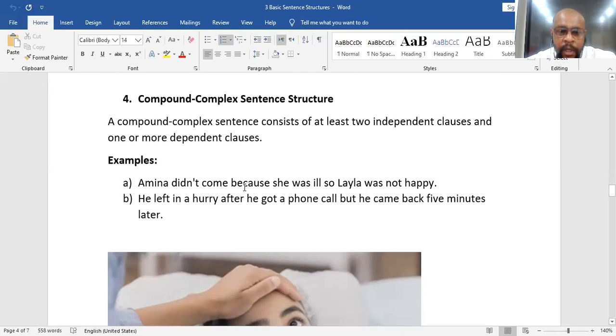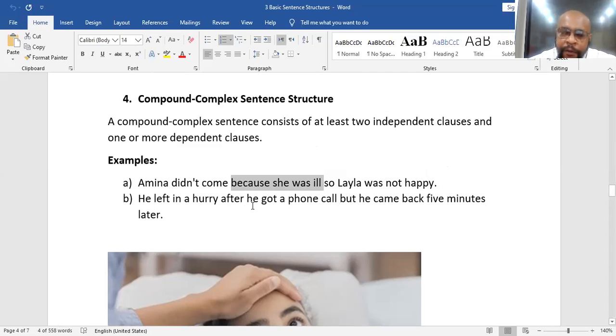So there you get your three different parts of the sentence, right? Amina didn't come, Layla was not happy, right? So those would be your two independent clauses. And then your dependent clause would be because she was ill, right?